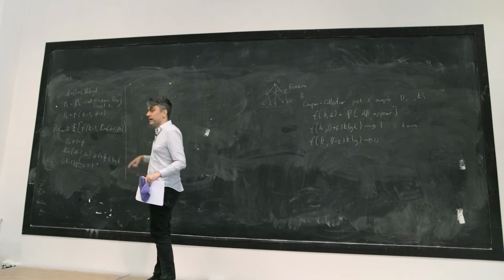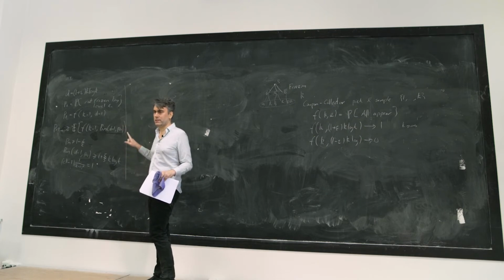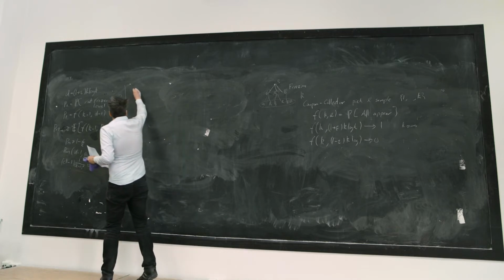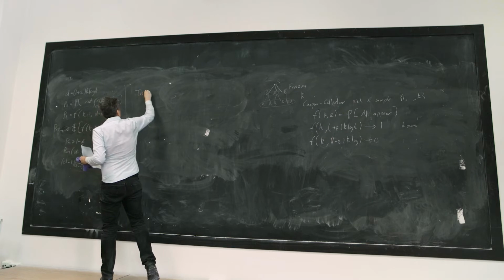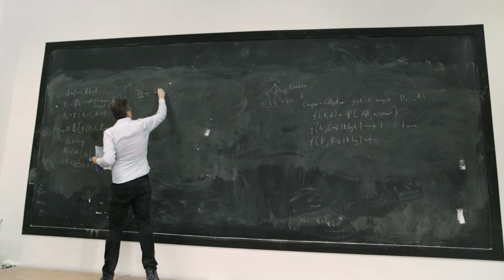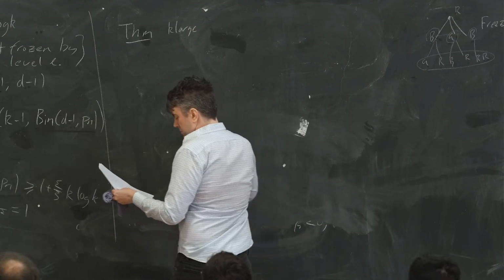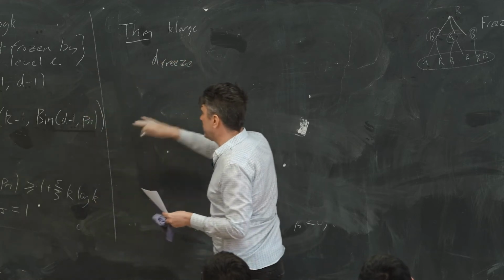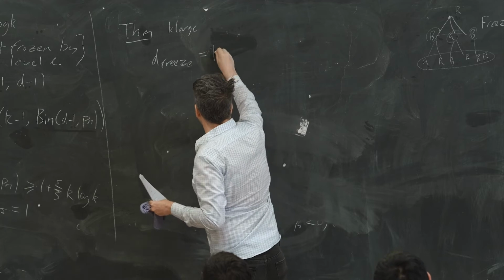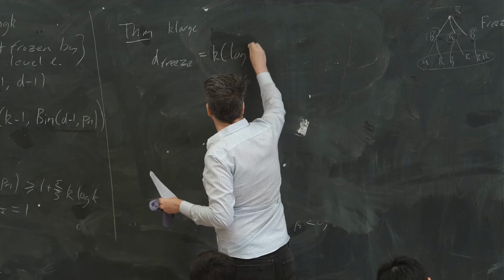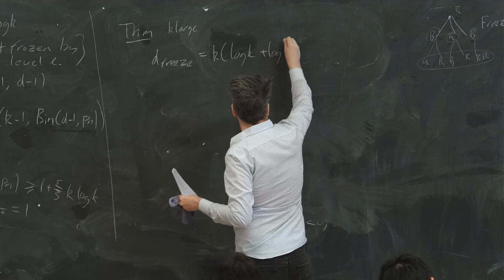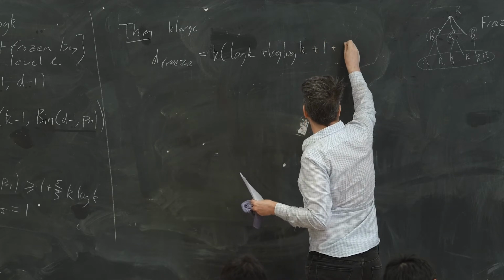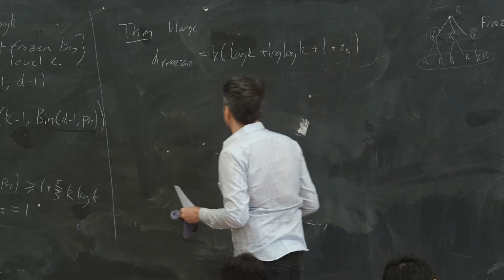But you could ask, can you do something better than just working out when you can exactly reconstruct the root? And so the theorem is that when k is large, at least, the threshold for freezing, if you do this more carefully, you'll get k times log k plus log k plus 1 plus some epsilon_k tending to 0.